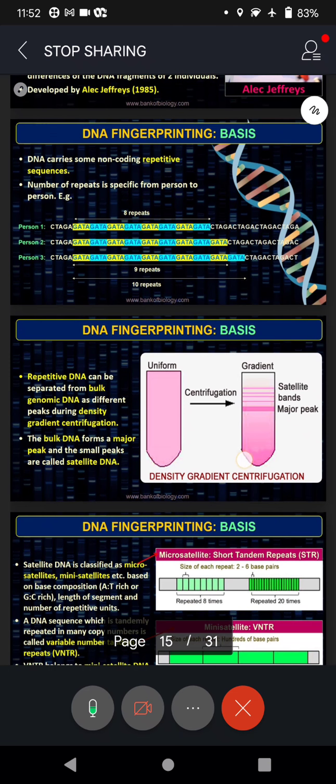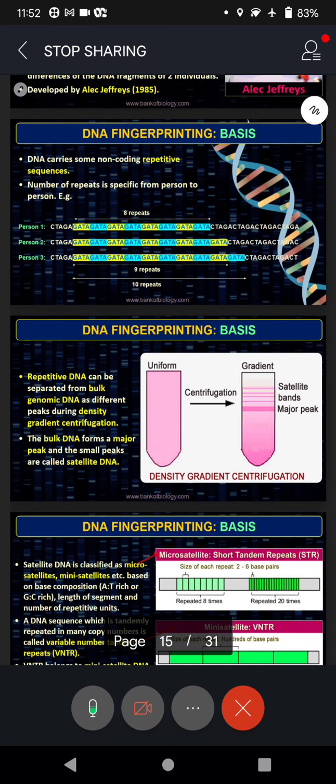Right, boys. So basically, DNA fingerprinting is a technique to identify a person on the basis of his or her DNA specificity. We compare the sequences of the DNA that is available at the scene of crime and the DNA that is available from suspected persons.